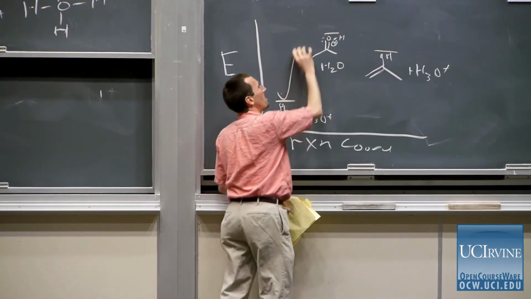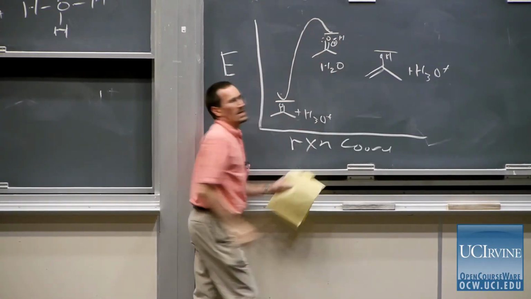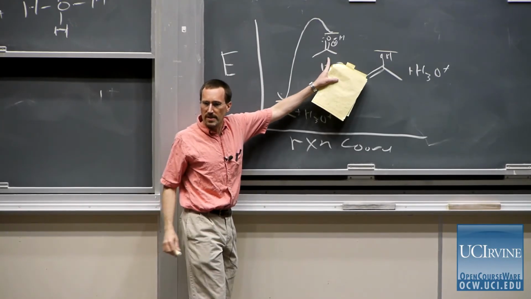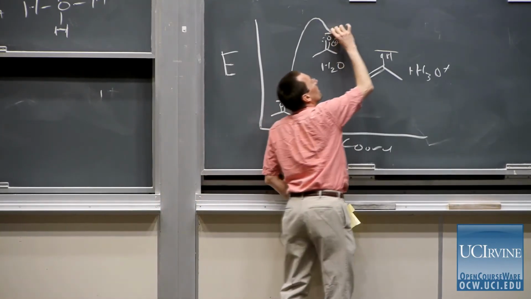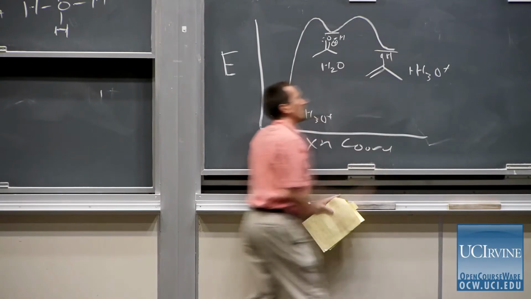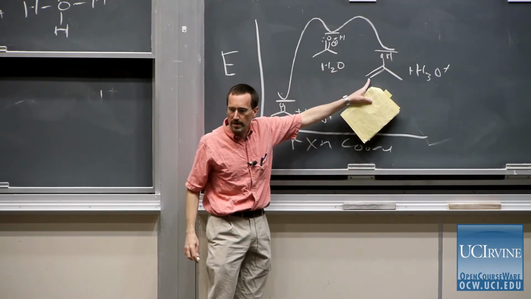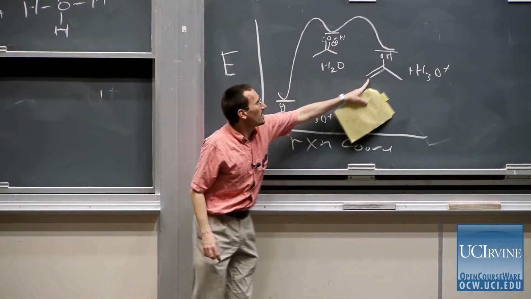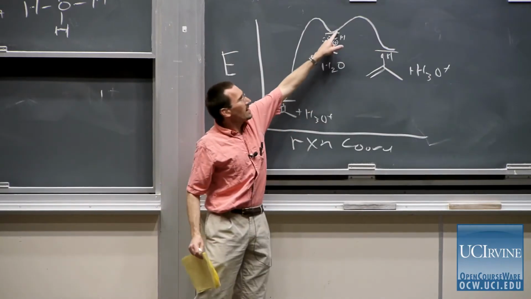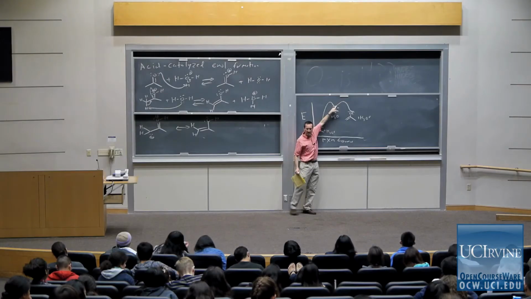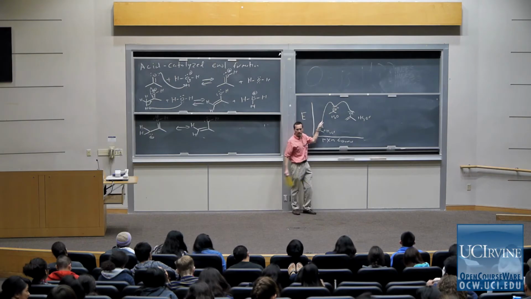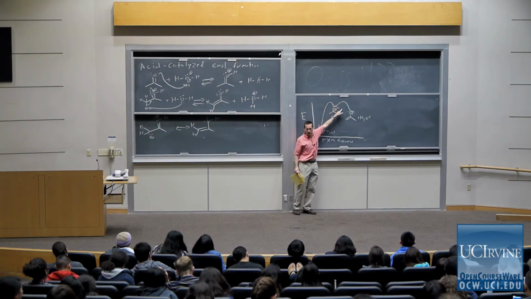What's happening in our mechanism is first we're going uphill to an intermediate, and then we're coming down to our product, to our enol that's higher in energy. So when you're at this point, at the intermediate, you can partition back, you can partition forward.